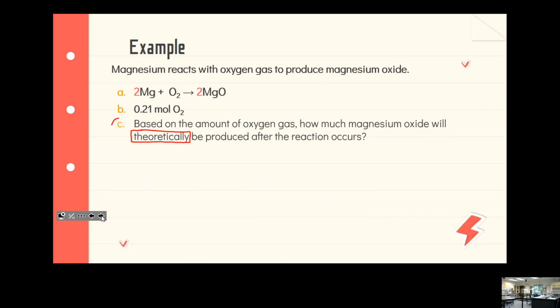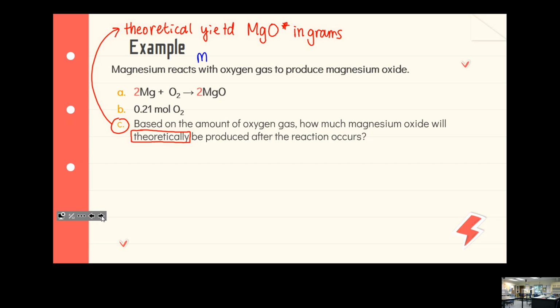That means on this question, I'm being asked to calculate the theoretical yield of my product, which is magnesium oxide. Remember, theoretical yield is always in grams. In this problem, I'm going from moles of oxygen, and I want to get all the way to grams of my product.